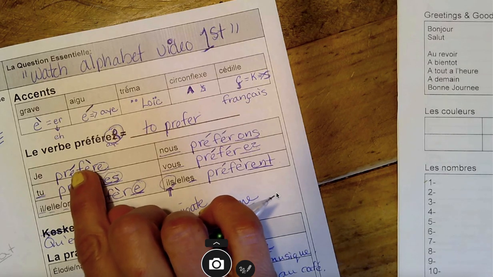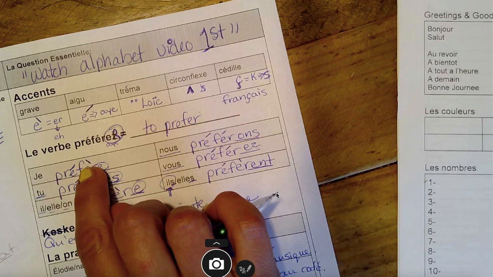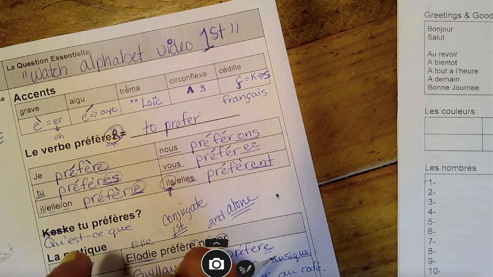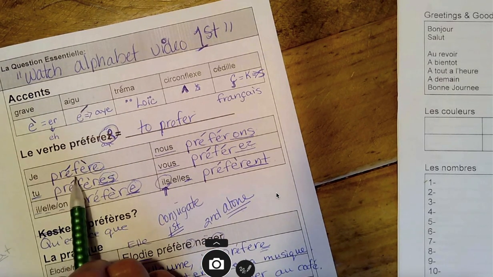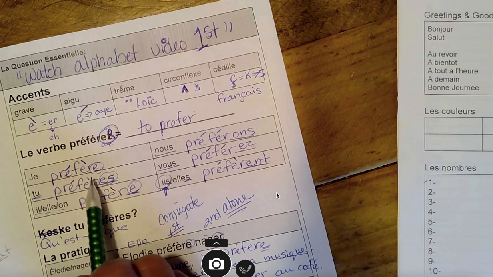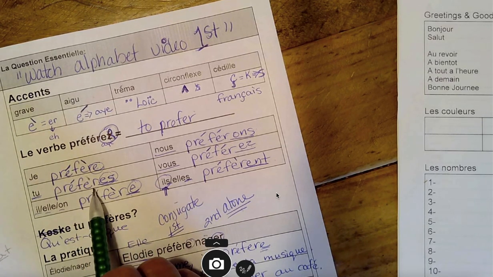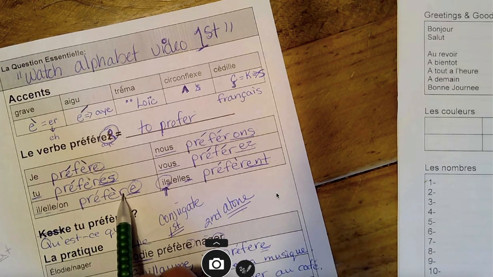So instead of préférer, it changes to préfère. And because this sounds different, it has the accent grave. Préfère. Il, elle, on préfère.